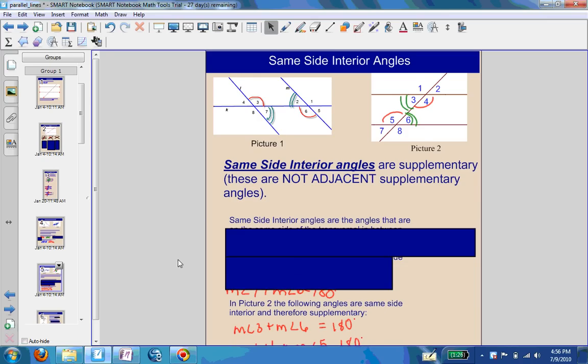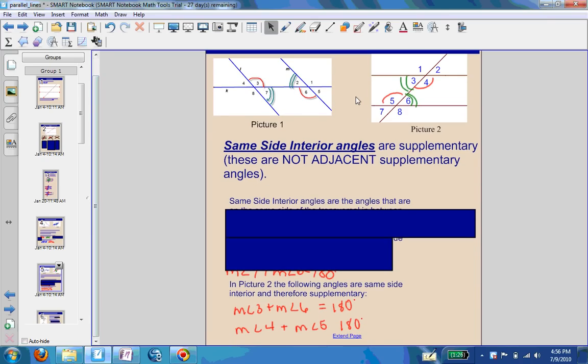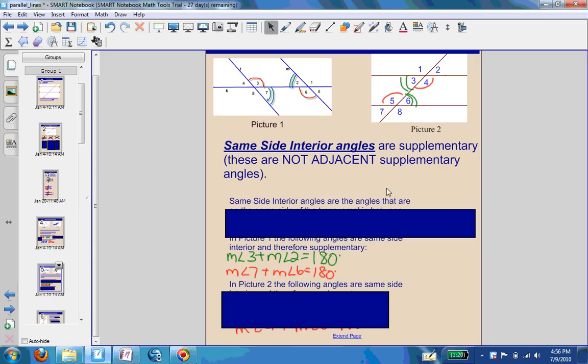And in picture 2, it should be 3 and 5 and 4 and 6. That's a typo. So 3 plus 5, those two add up to 180, and 4 and 6 add up to 180.